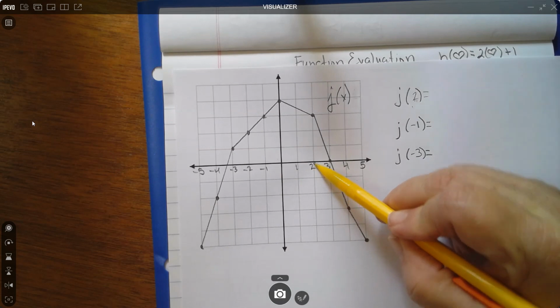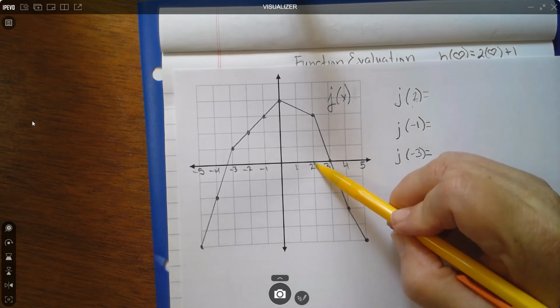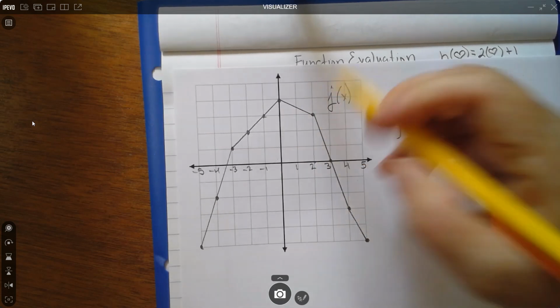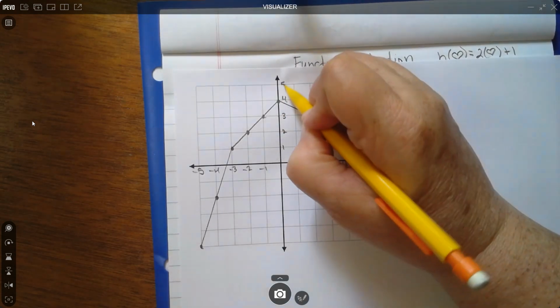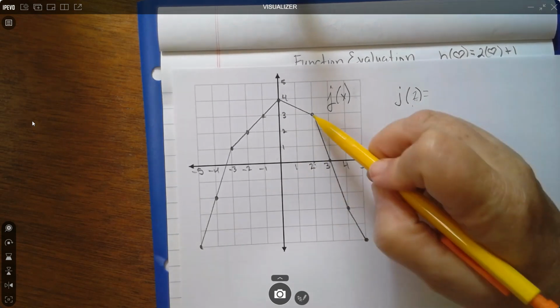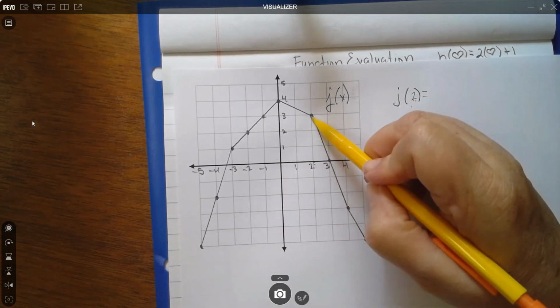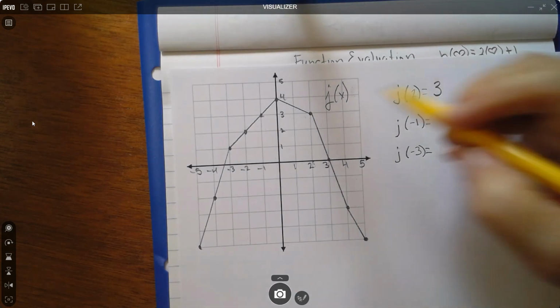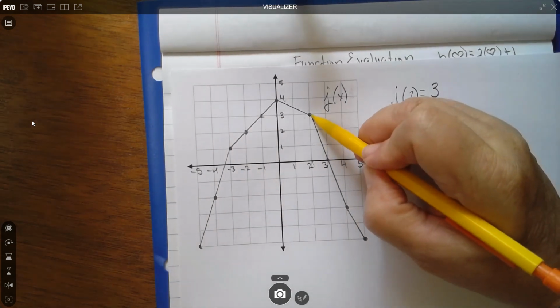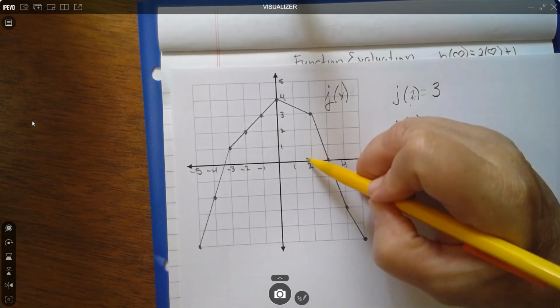Now, where do I have to go to get on my graph? I have to go right there. What y value is that? Okay, when I go to 2, I have to go up to that point right there. That y value is 3, so my answer is 3. Because that point right there is the point 2, 3.